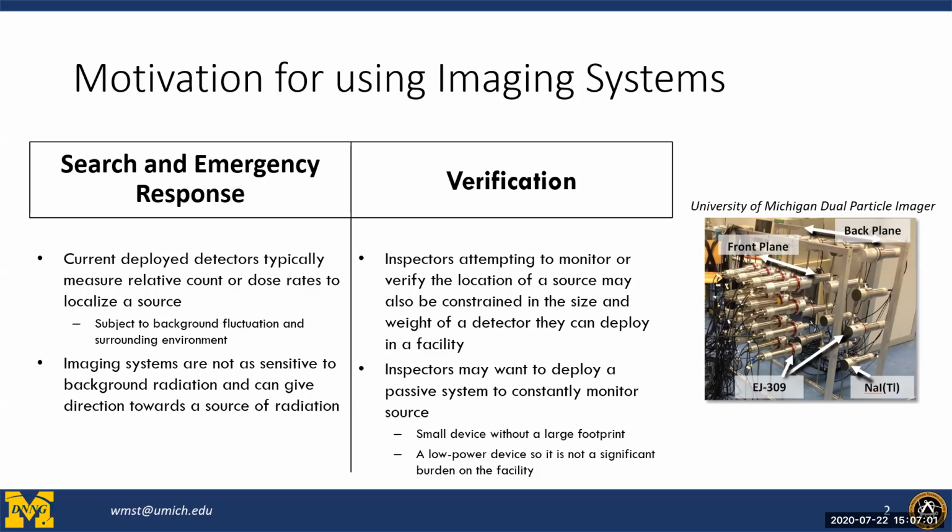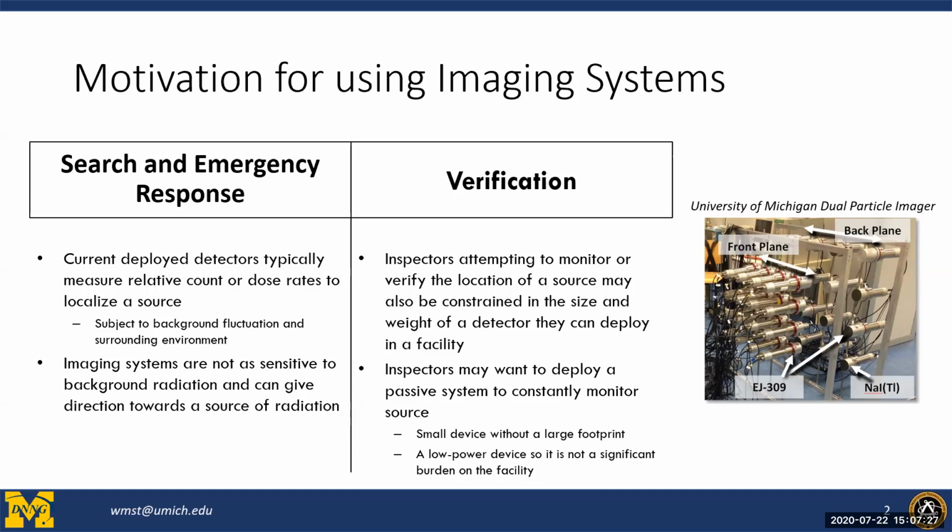With an imaging system, theoretically, you can either carry the system around or have it in a designated spot, and based off of kinematics of interactions with said imaging systems, it can give you some confidence or some probability of where a given source is located, such that with just one system, you don't have to really move it around or anything like that, and you can be able to localize a source of radiation.